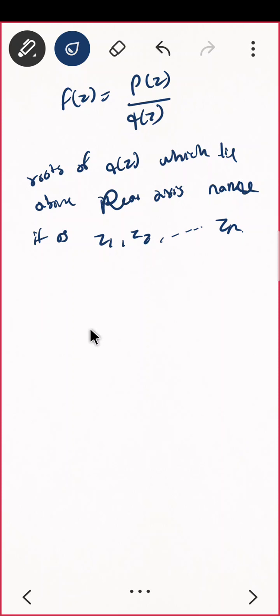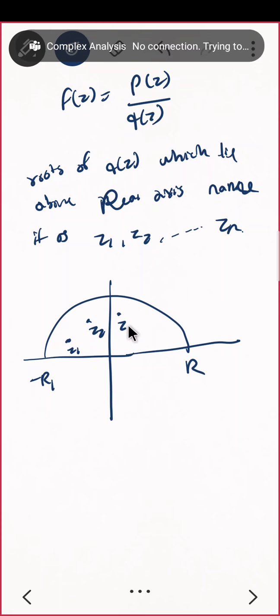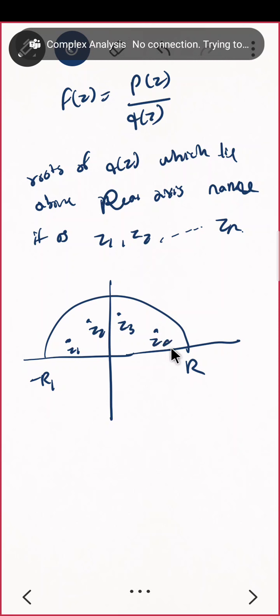Degree n means it will have n roots. So this is say minus r1, this is r. So z1 is here, z2 is here, z3, z4, something like this.